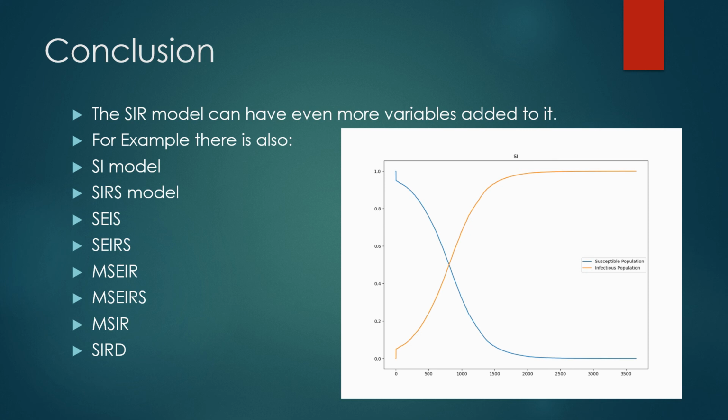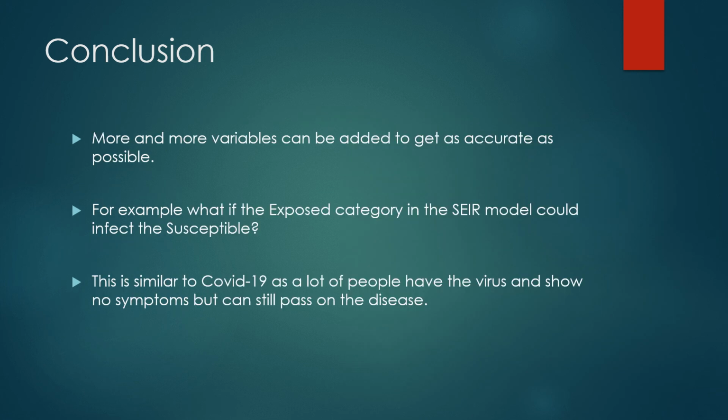This would be used to describe HIV, where once you're infected, there is no recovering, so it's permanent infection. But each time we add to the model, it makes it more and more accurate to real life. But then we can also keep on adding.